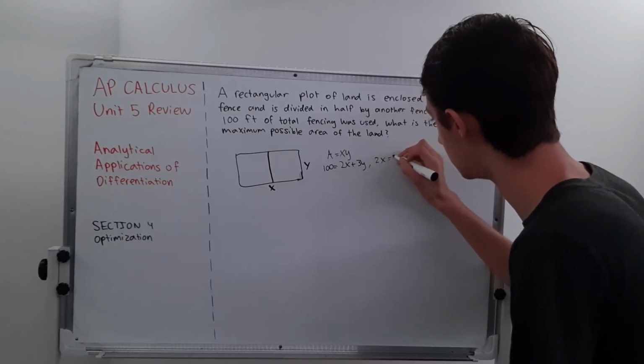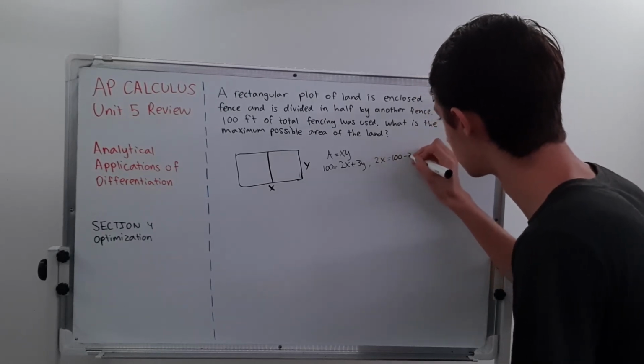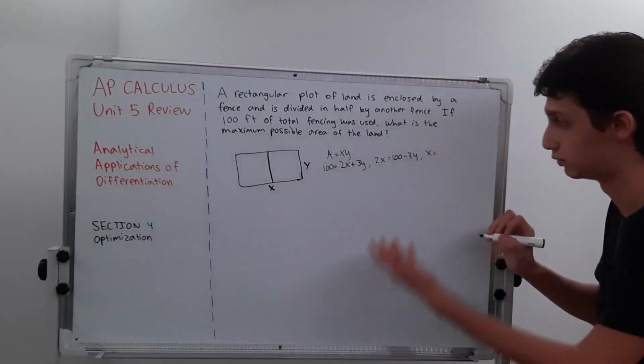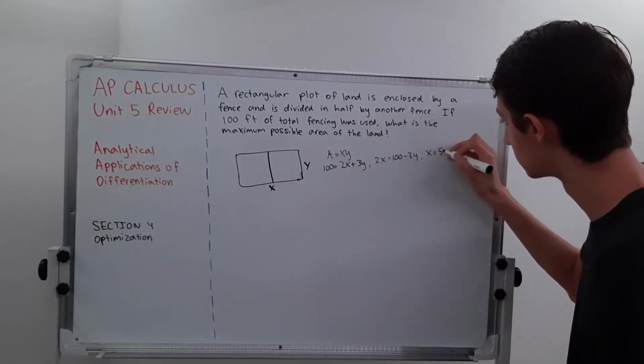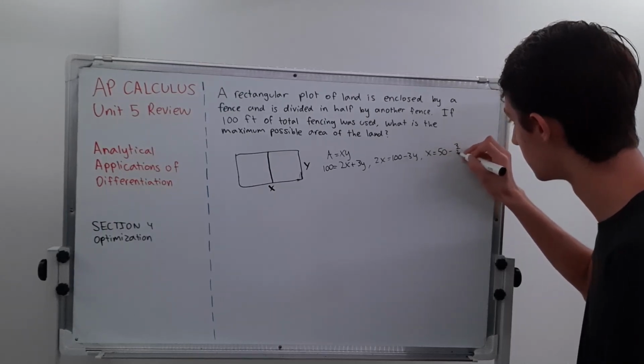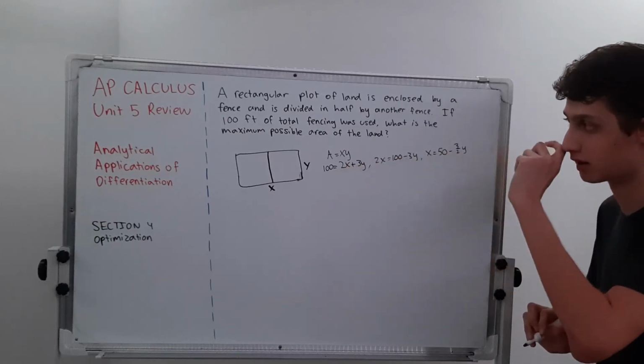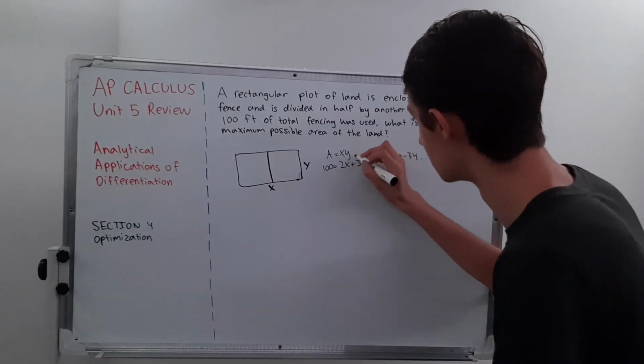is equal to 100 minus 3y. So we can say that x is equal to 50 minus 3 halves y. Then we can plug that into our area equation, because that's what we're trying to find.